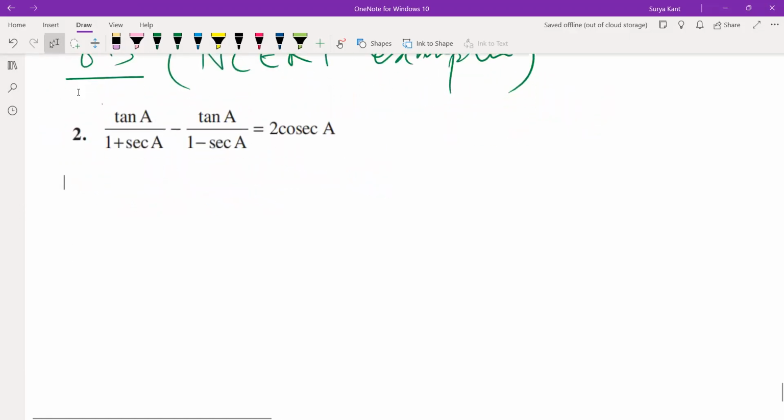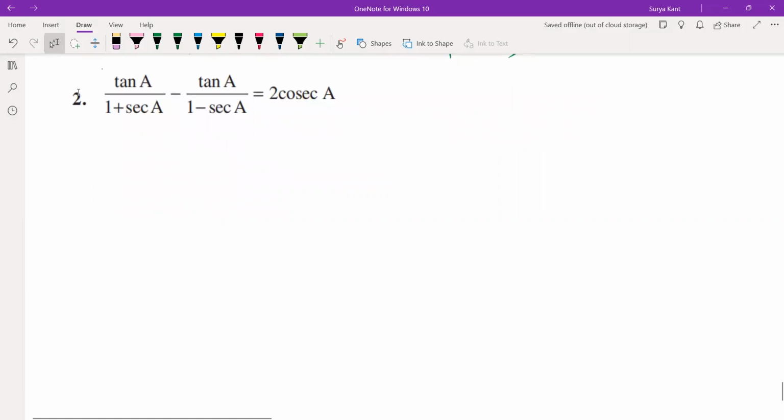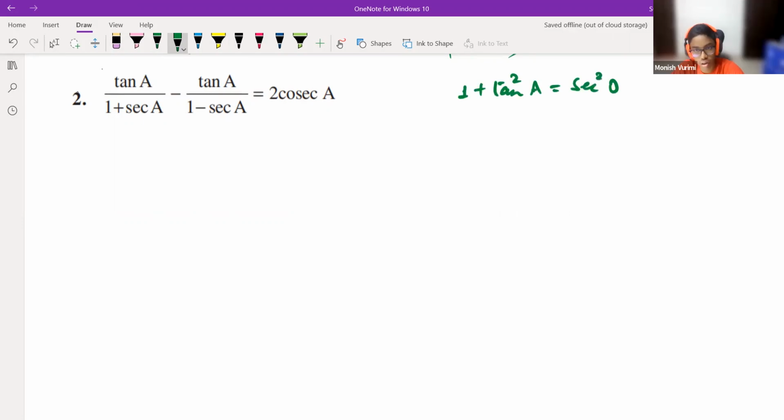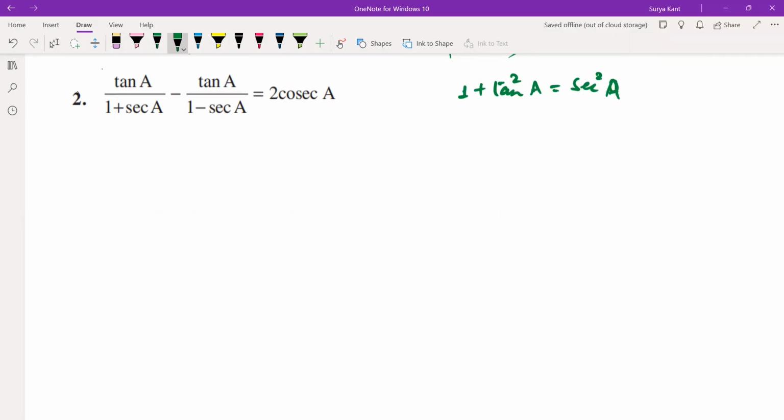So tan A divided by 1 plus sec A minus 1 tan A divided by 1 minus sec A. So 1 plus tan square A is equal to what do we get? Sec square A, right? And 1 minus sec square A, what do we get?